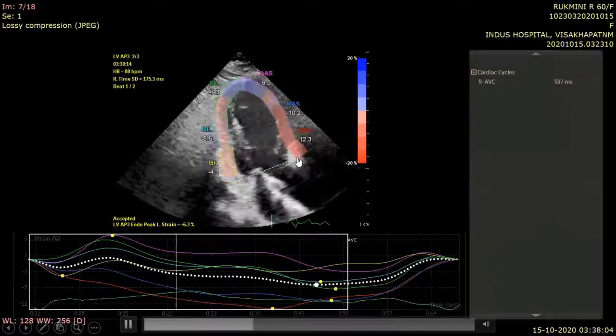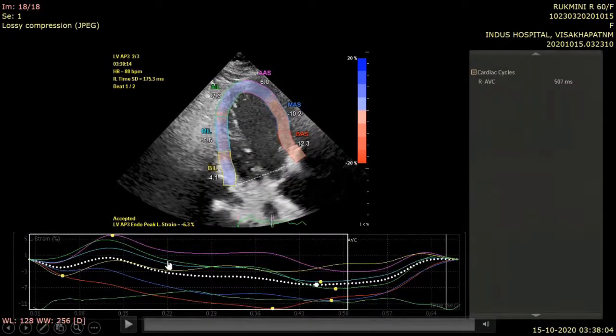In the apical three-chamber view, you can see the same thing. There is desynchrony, and the strain is way low. Why? Because the interventricular septum is more involved over here. So it is minus 6.3% over here.